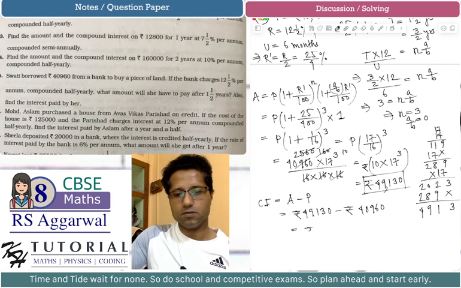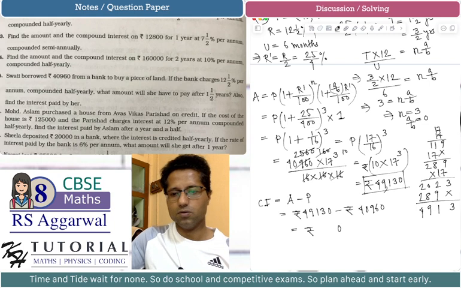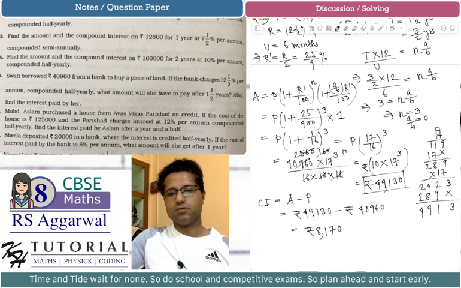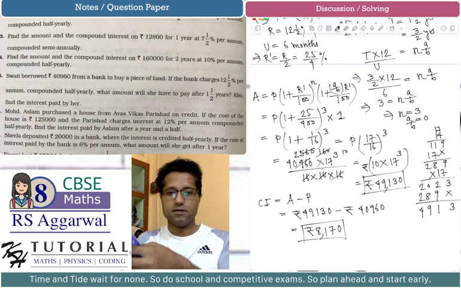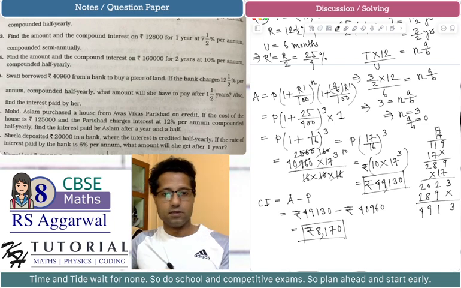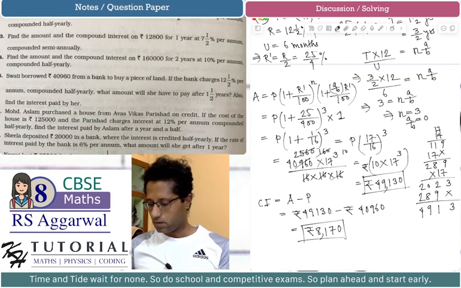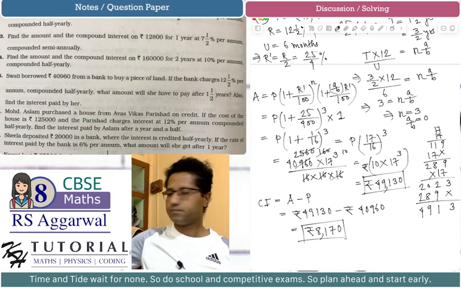This is equal to rupees 8,170 is the compound interest, and rupees 49,130 is the amount that Swati needs to pay back to the bank. Question number 5: 49,130 and 8,170. Okay.